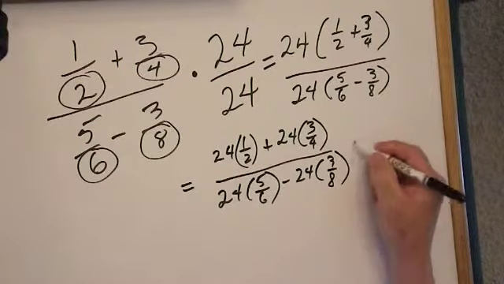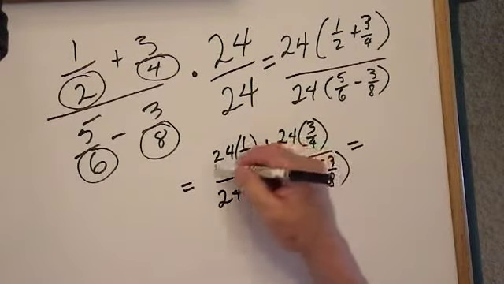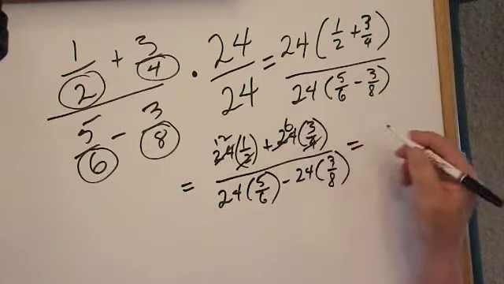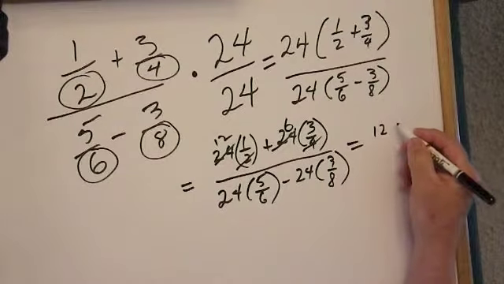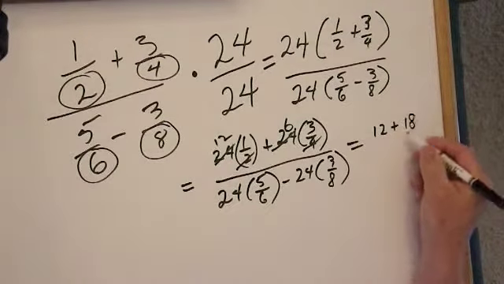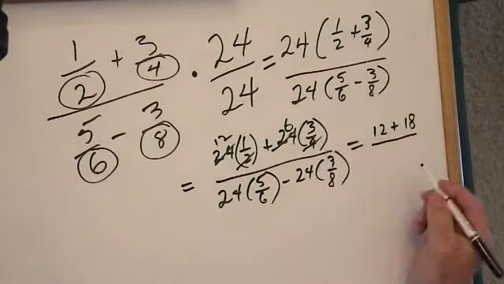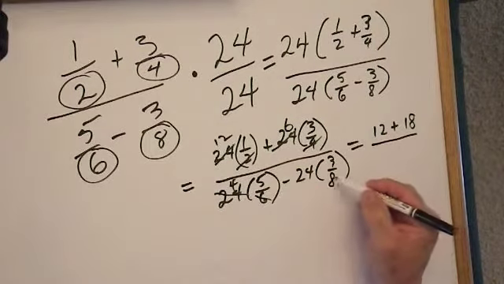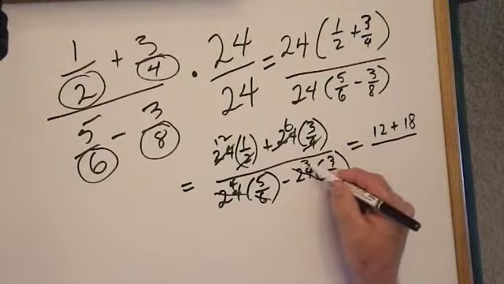Now that's going to simplify a little bit. 2 goes into 24 12 times. 4 goes into 24 6 times. So I end up with 12 plus 18. That's the 6 times the 3. In the bottom, 6 goes into 24 4 times. 8 goes into 24 3 times.